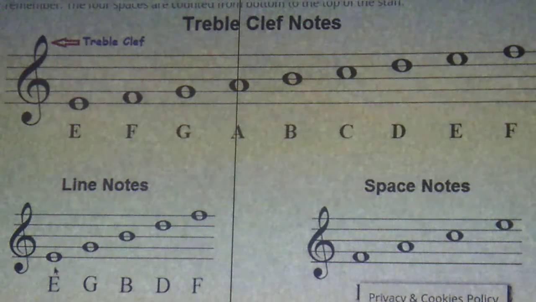So the first letter in the word every is E. There's our E on the first line. And then we go up to line number 2. Here's every, and the first letter in the word good is G. There's our G on the second line. Then we continue. Every good boy. The first letter in the word boy is very good. It is letter B. Continuing.